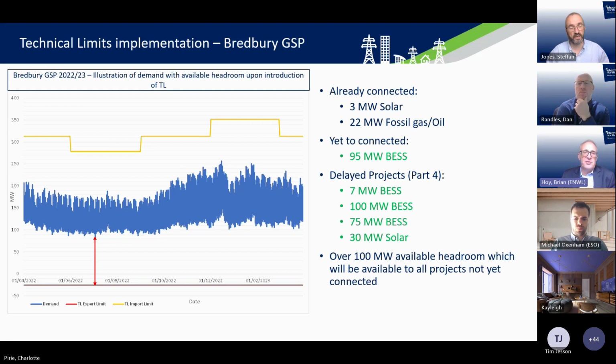So with the headroom we've seen in that example at Bredbury, if they were at Bredbury, then this looks like pretty much all the time there's 100 megawatts of headroom. So they would be constrainable, but in practice they might not be constrained, depending on when exactly they were exporting.